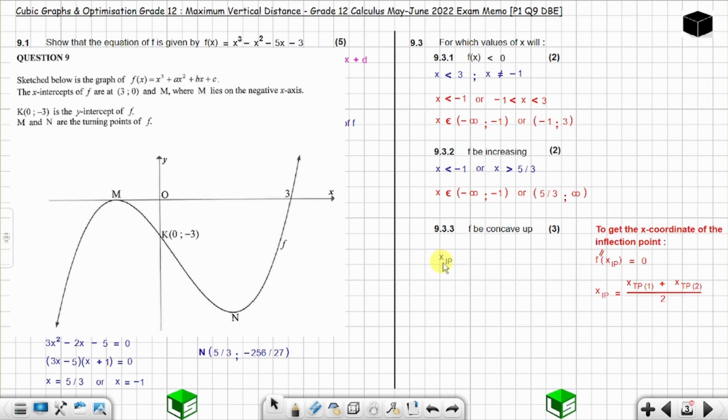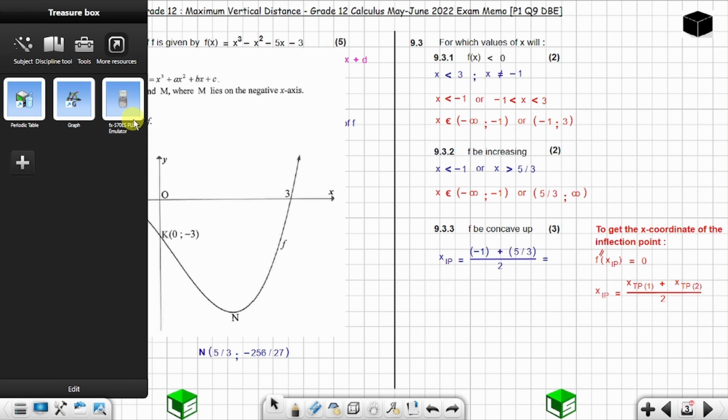So the x-coordinate of the inflection point is equal to the first x-coordinate of the turning point, which is -1, plus the second x-coordinate of the turning point, which is 5/3, over 2.